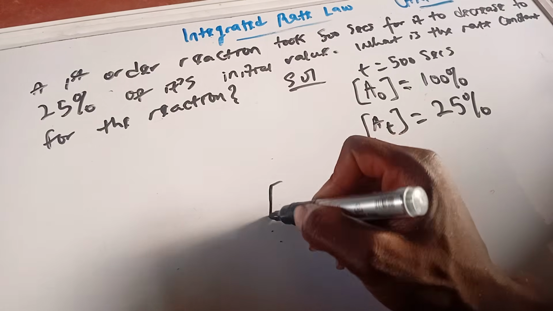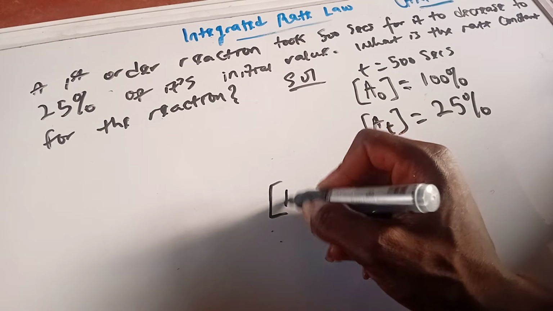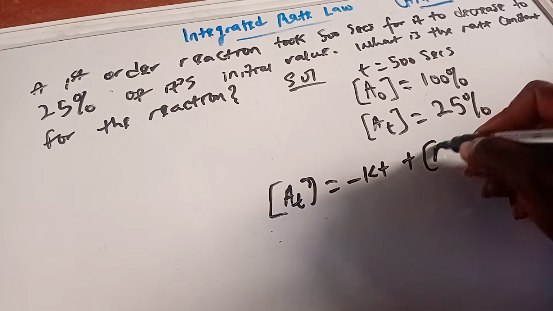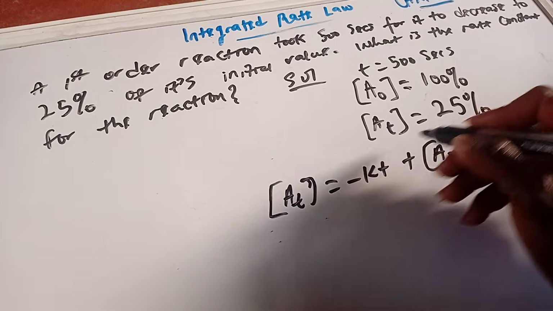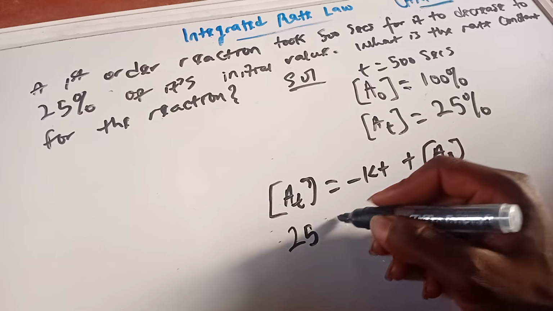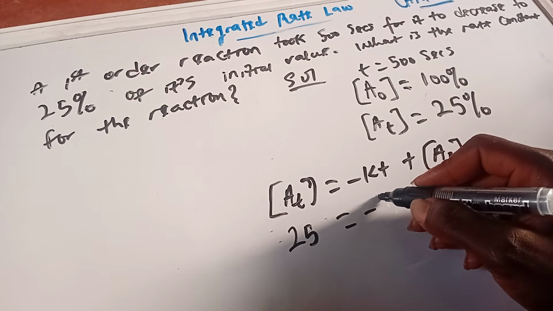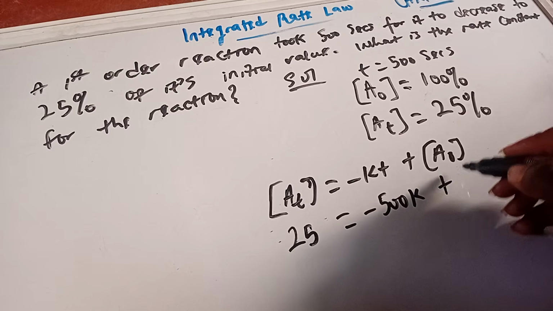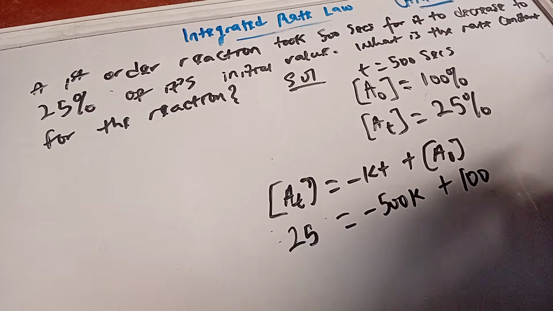So here we have the concentration of A at t equals minus kt plus A naught, right? So what's our A t? Our A t is 25 equals minus k times 500 seconds, that's 500k plus 100, isn't it?